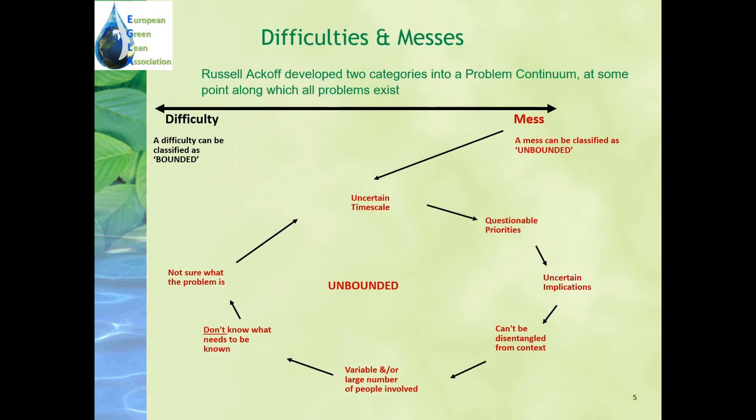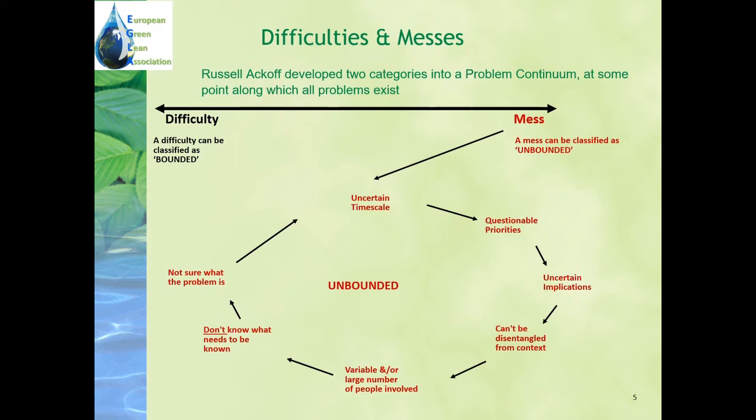Russell Ackoff developed two categories in the problem continuum, and these very well describe the first meaning of the define phase. Typically, we have something that's unbounded, unclear, that looks like a mess. There's no clear time scale. We don't know the priorities.